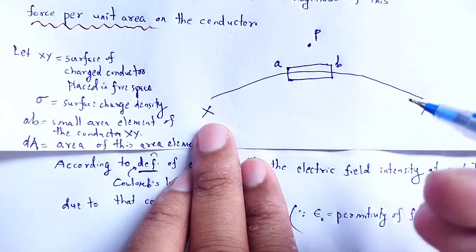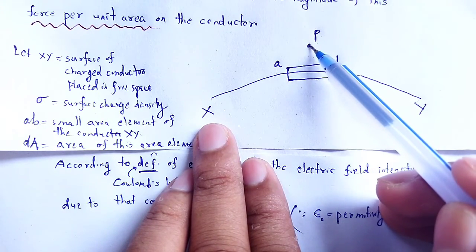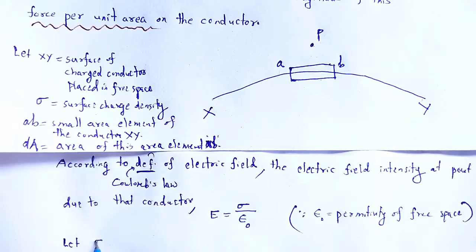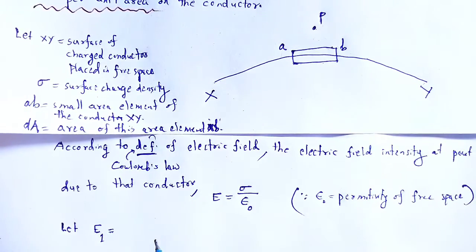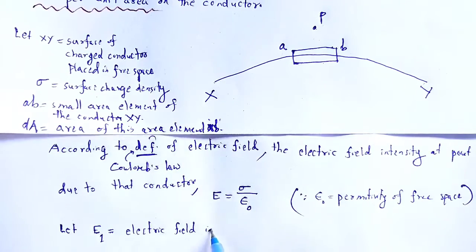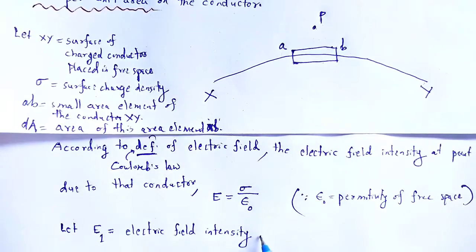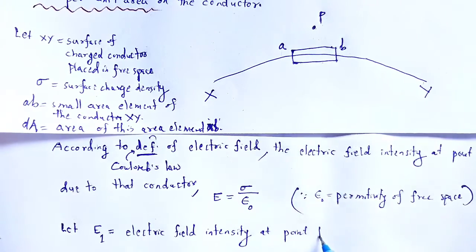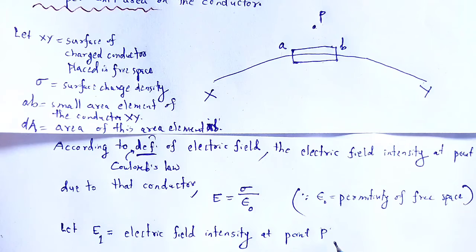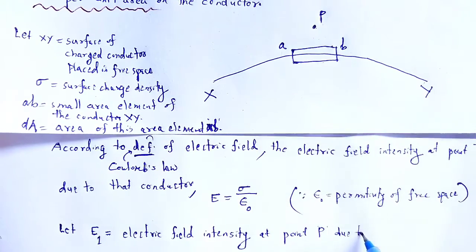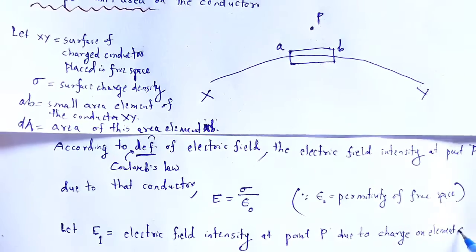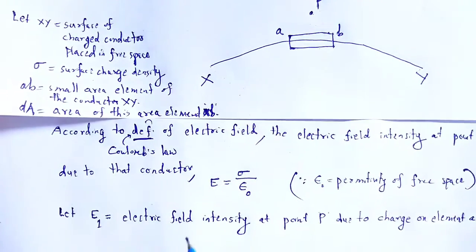Due to these two charge distributions, we calculate the electric field intensity at point P. Let E1 be the electric field intensity at point P due to the charge on element AB.